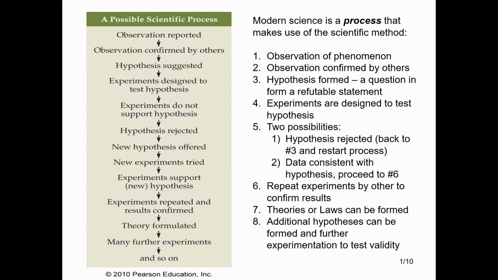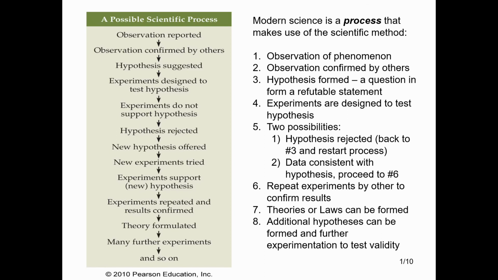Often, the experiments are designed to test the hypothesis. Sometimes you can actually form a hypothesis based on some other experiments or some other data that you've seen. But whatever our hypothesis is, we can then compose some sort of experiment that will help us figure out if our hypothesis is correct or incorrect.